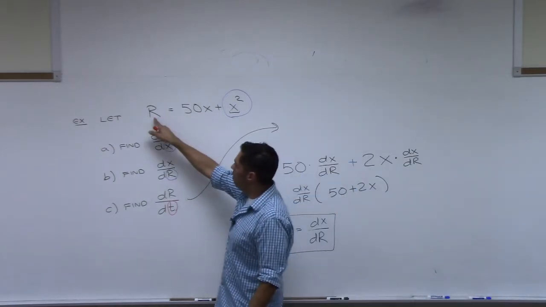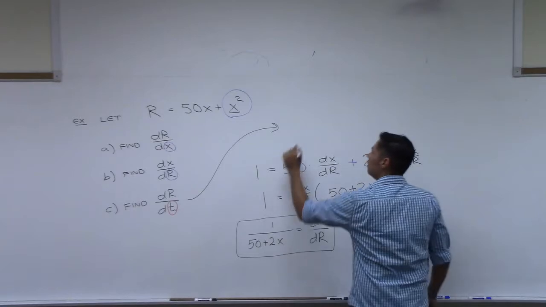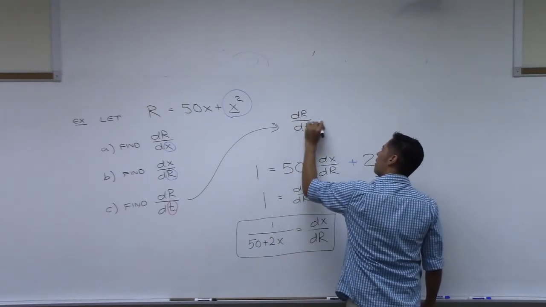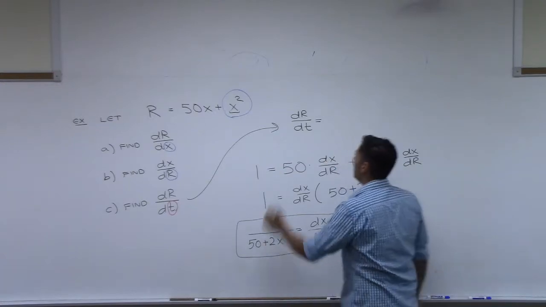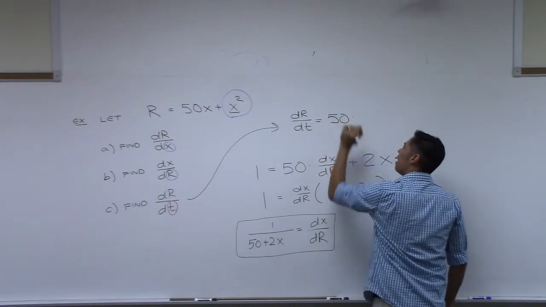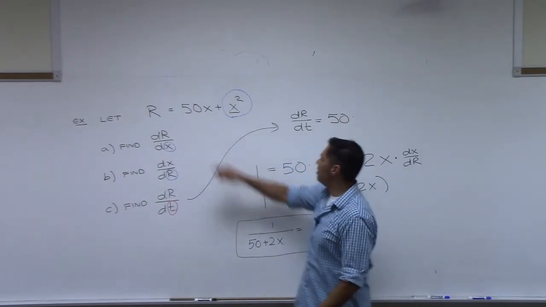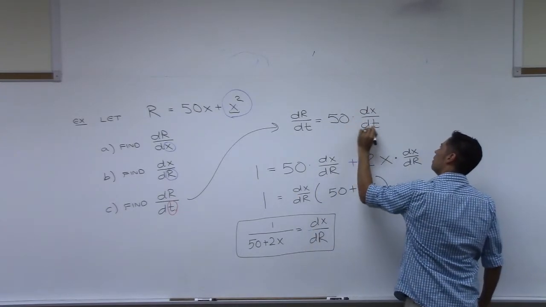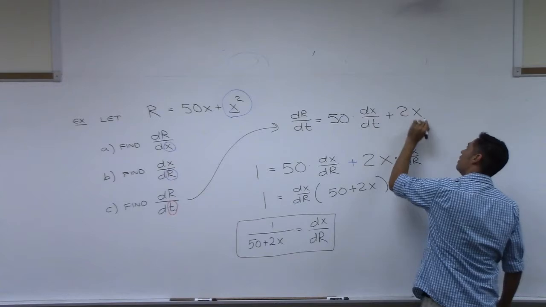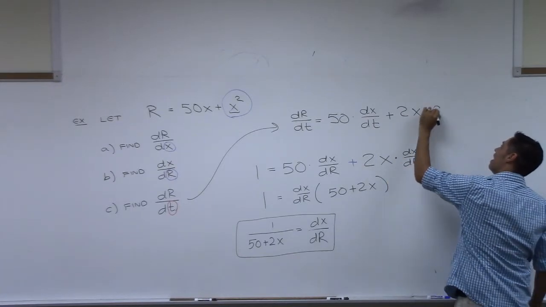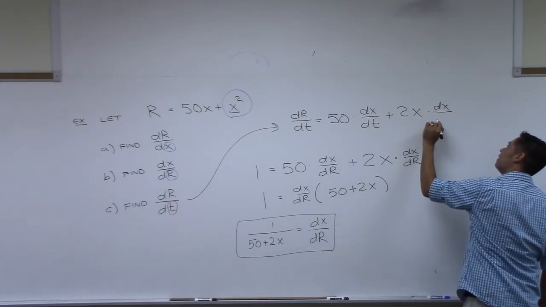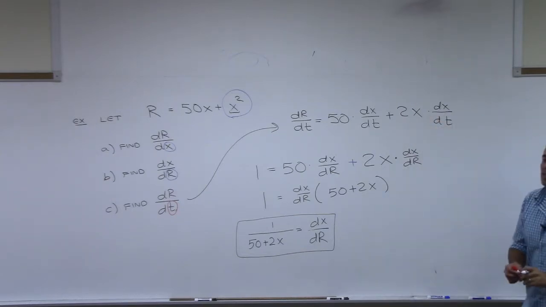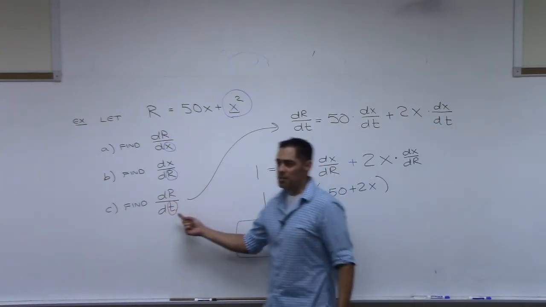What's the derivative of r with respect to t? dr/dt equals 50 times dx/dt, drum roll, plus 2x dx/dt, because remember we're differentiating with respect to t.